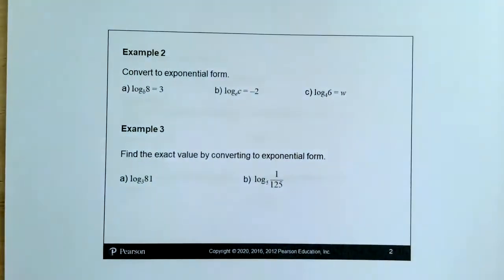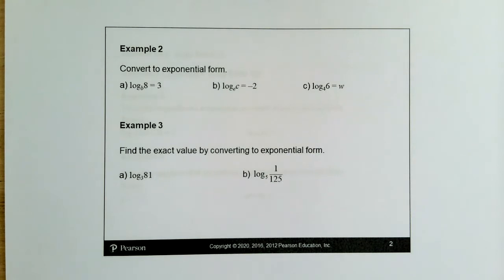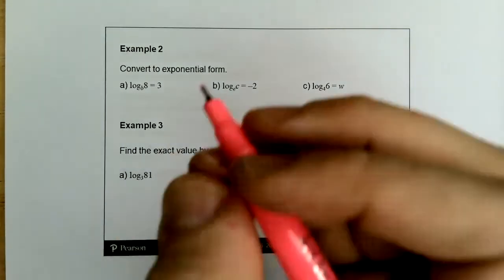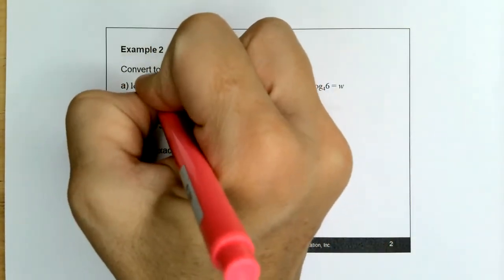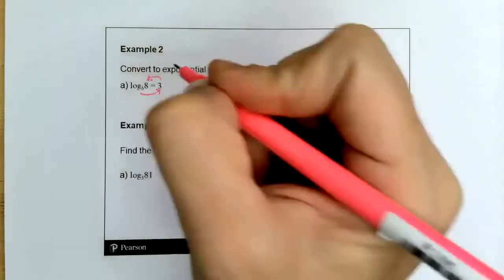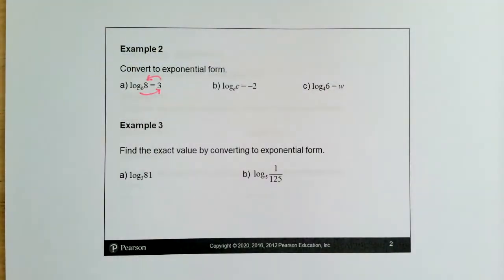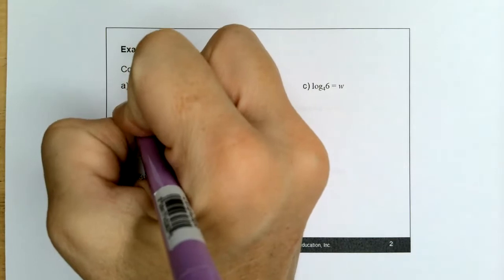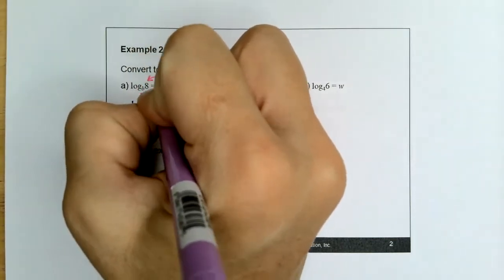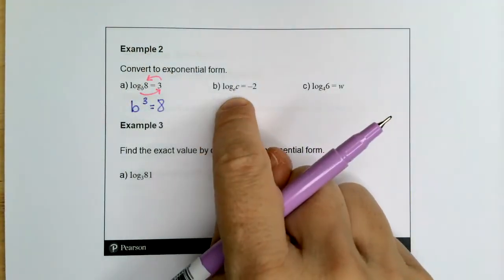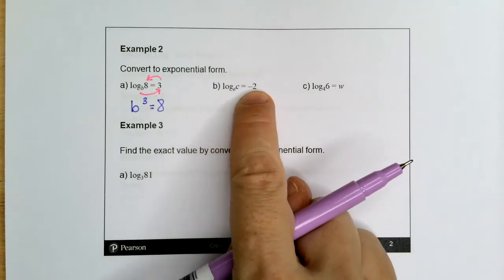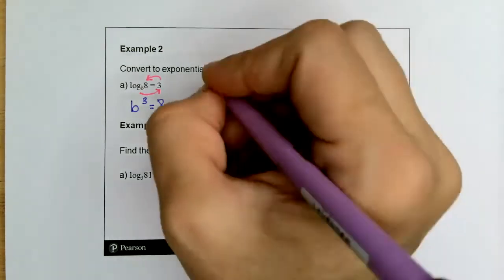Now we're going to convert to exponential form, and you can still go in a circle. So start with your base, b to the 3rd equals 8. So we're starting down here. e to the -2nd equals c.